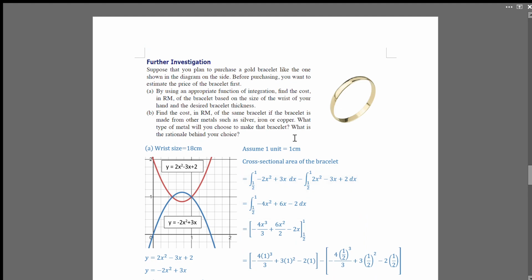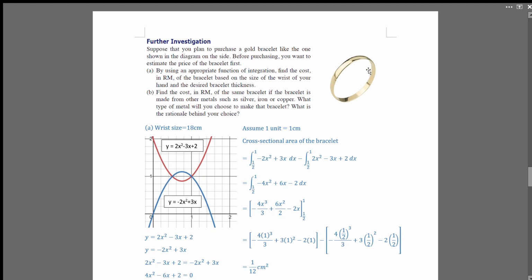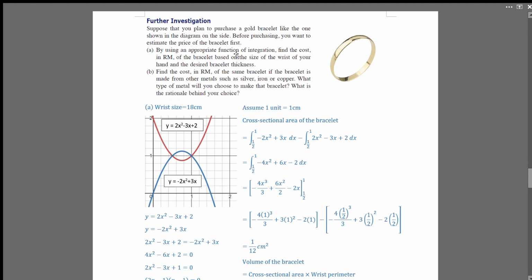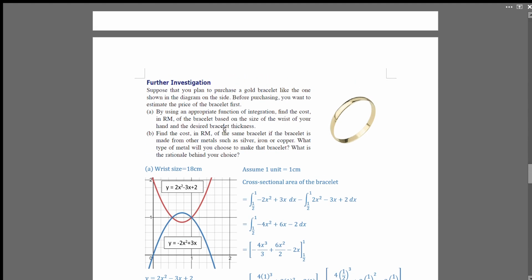So for the further investigation, it is basically similar to the previous question. So this is the bracelet. It didn't give me any graph, so the question asked me to get a desired bracelet thickness.